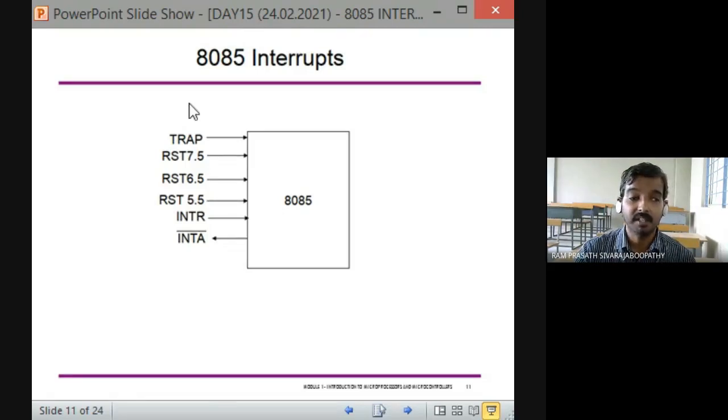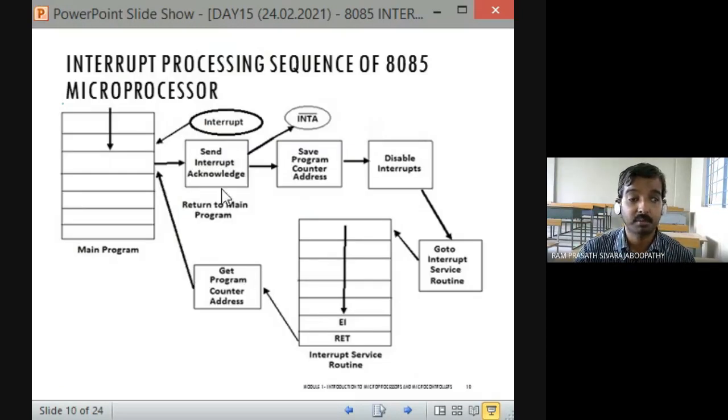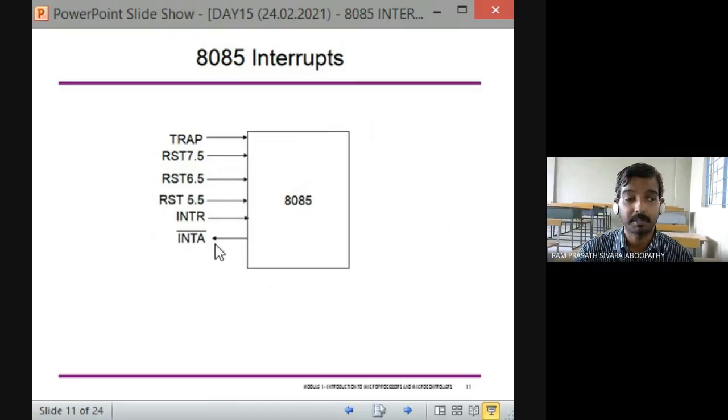INTA is an acknowledgement pin. In the interrupt processing sequence, sending the interrupt acknowledgement is done by the pin INTA bar. So this is the signal from the CPU to the interrupting device.